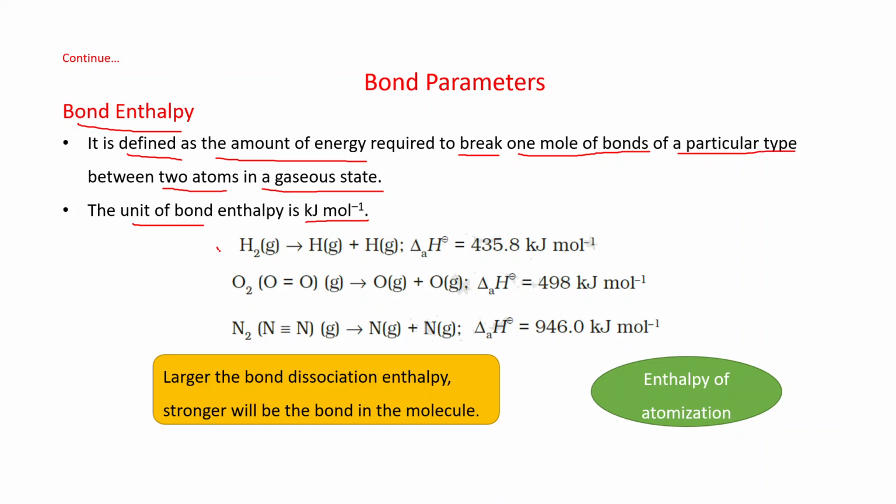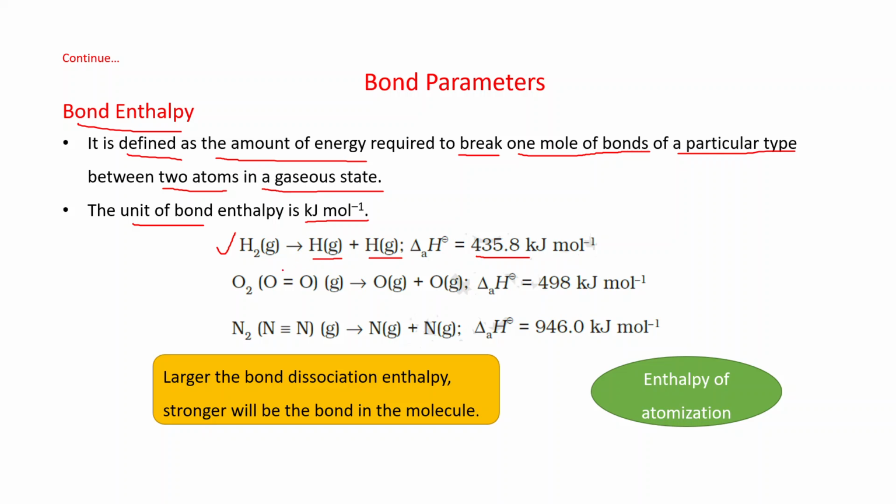For example, take the H2 molecule. If this H2 molecule, which is present in the gaseous state, dissociates into atoms, which are again present in the gaseous state, then the heat we supply is known as the bond enthalpy of the H–H bond in H2.